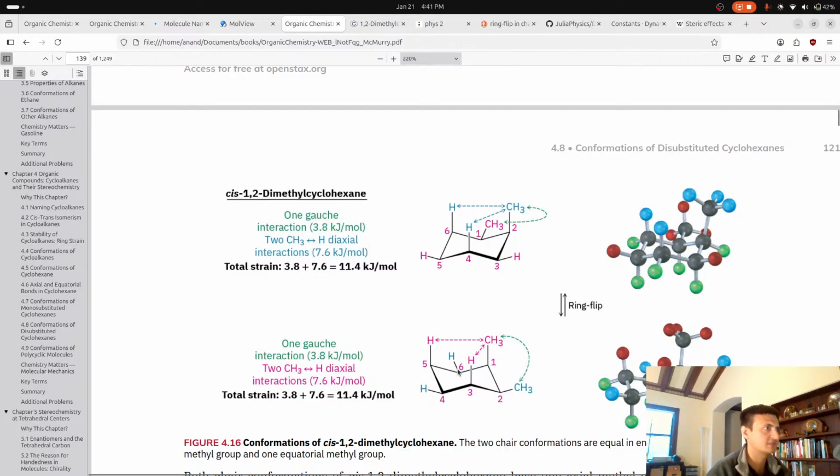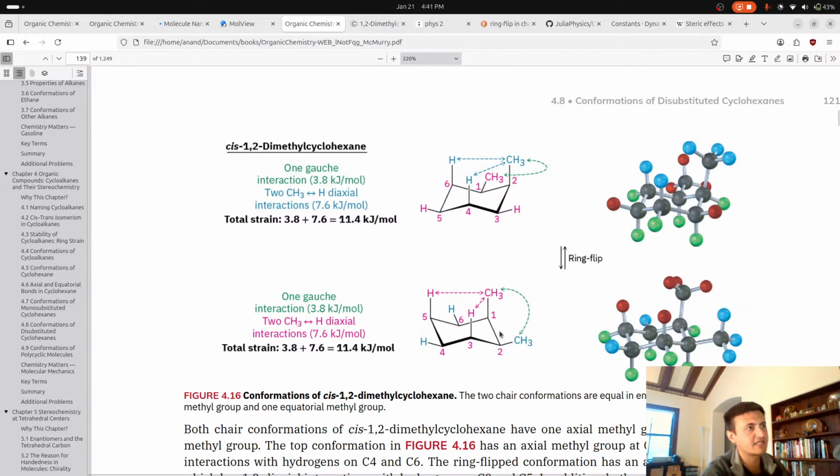What's the difference here? This is the same exact drawing, right? I don't get what's going on here. Oh, because this flips up and this goes, but it's the same. But it wouldn't be the same if it wasn't dimethyl. The fact that the 2 substituents are equal gives you a little bit of symmetry there.